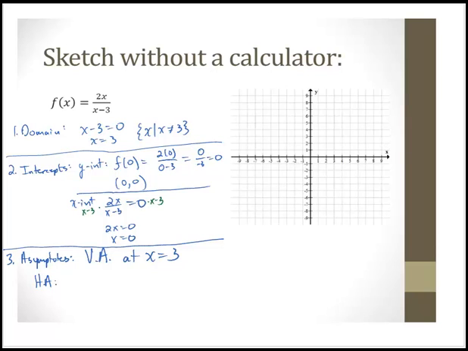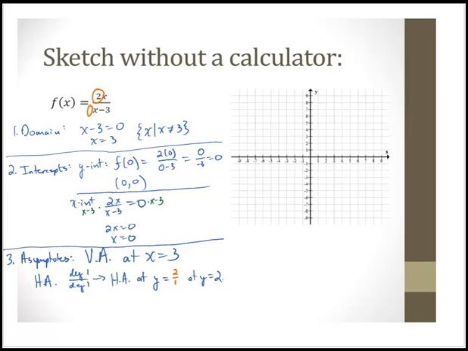Let's look at the degrees. We have a degree 1 over degree 1. So yes, I will get a horizontal asymptote at y equals the ratio of the lead coefficients. So that would be 2 over 1, so at y equals 2.